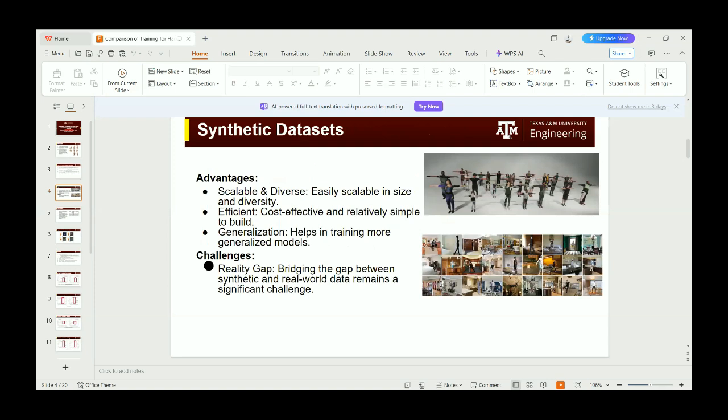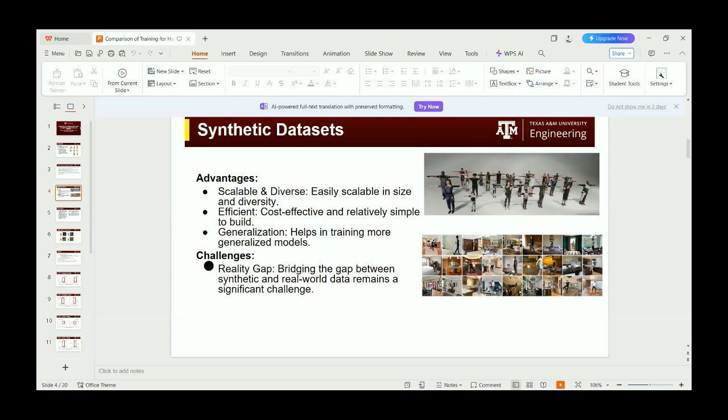Now, our approach to trying to solve some of this was to create these synthetic data sets, right? Given the fact that we don't have any real data sets that we would deal with, synthetic data sets should be able to help. Synthetic data sets are scalable and diverse. We can easily scale both the size as well as the diversity of the set.